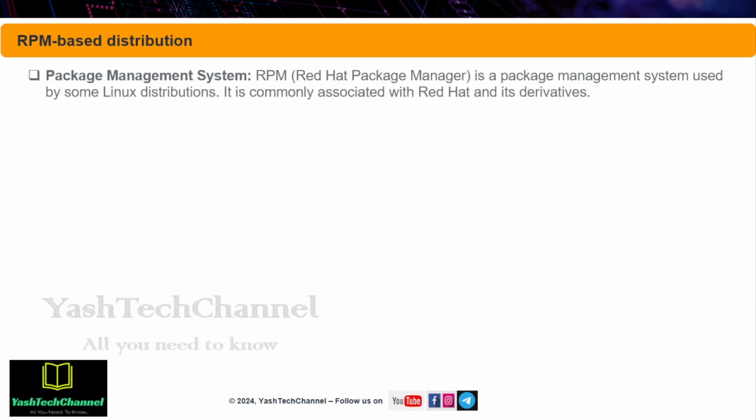Now let's talk about RPM based distribution, right? As I said, based on the installation of the packages, RPM means Red Hat Package Manager. Red Hat Enterprise Linux is designed for stability and long-term support, making it suitable for a mission critical environment.